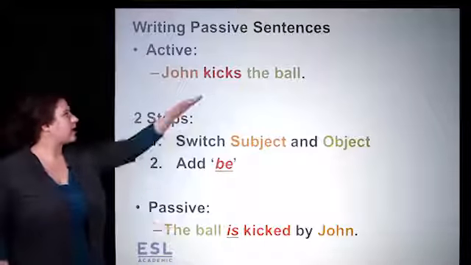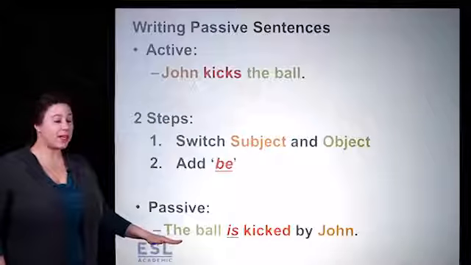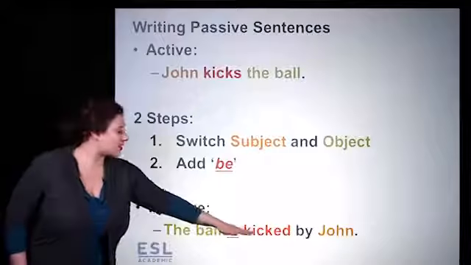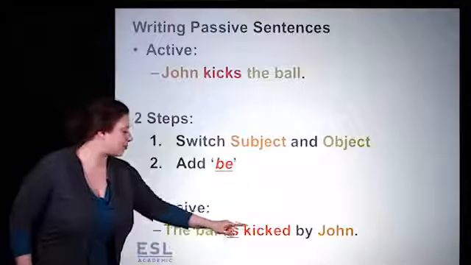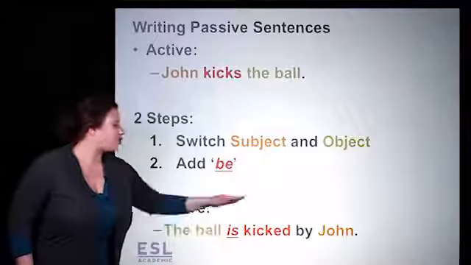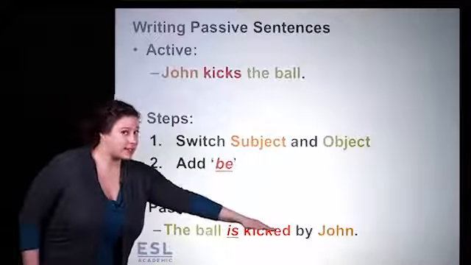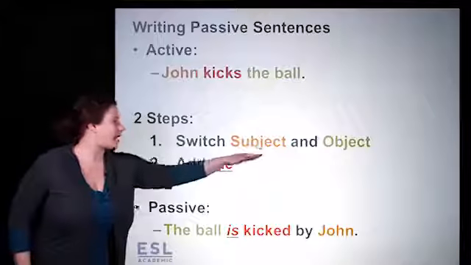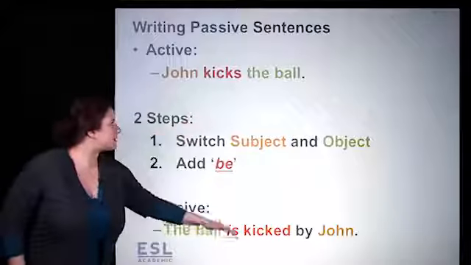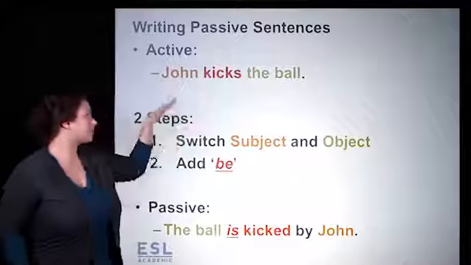The ball is the object, it comes to the beginning. Is kicked is the verb, which stays in the same place, but we add is as a part of the verb be. And John is at the end because the subject and the object have been switched. So, the ball is kicked by John.